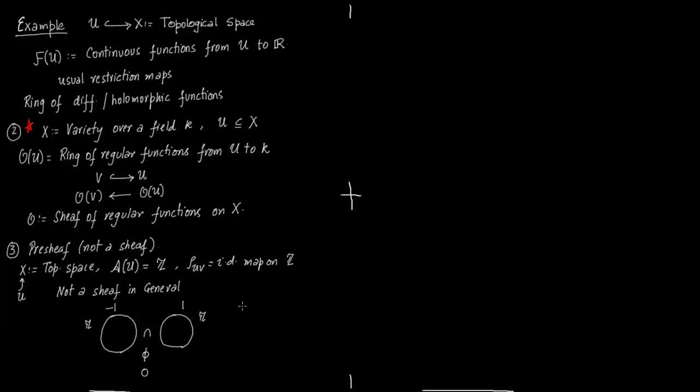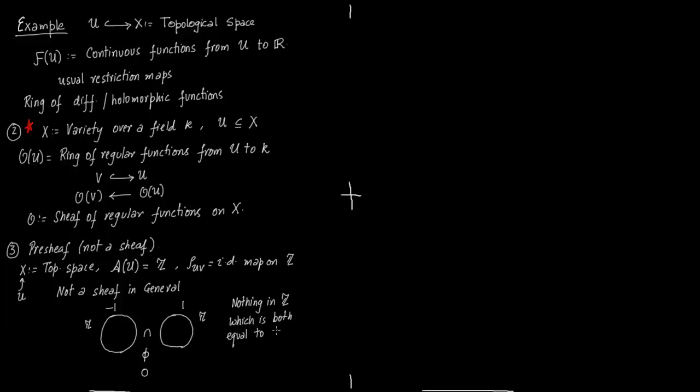So we have to define an integer on the entire space which takes value both -1 and +1, because the entire space just consists of these two sets or these two circles. There is nothing in integers which takes values both +1 and -1. Therefore this pre-sheaf is not a sheaf.